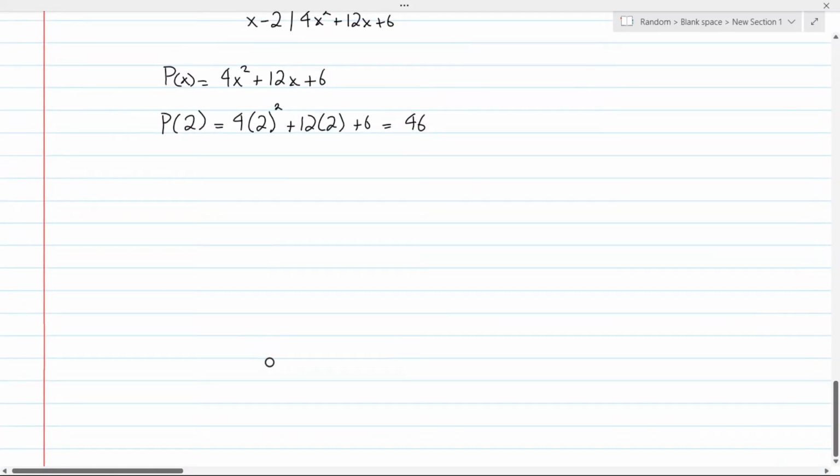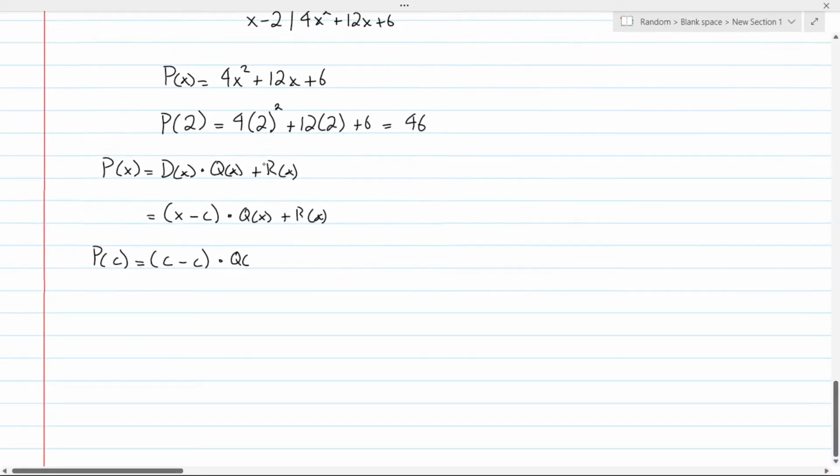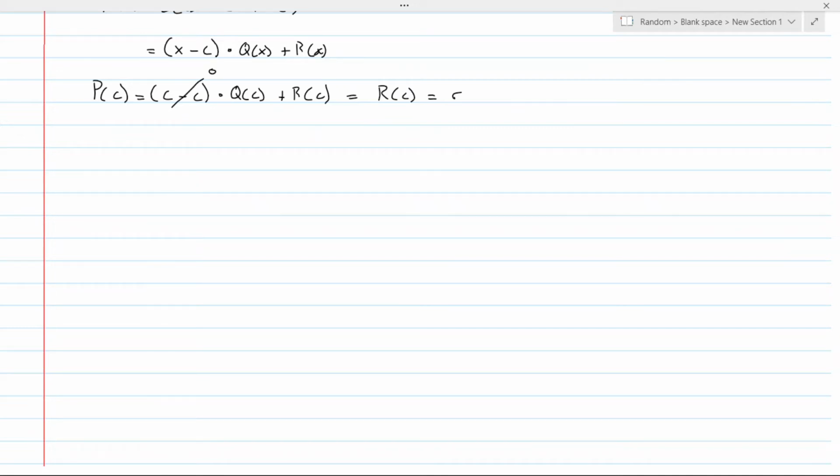Here's a proof. It's very short. Lastly, if x minus c is a factor of p of x, then c is a 0.